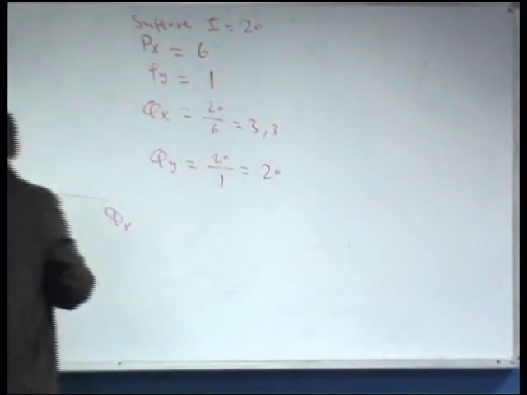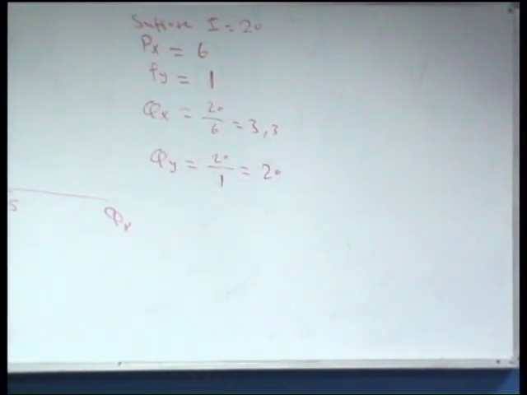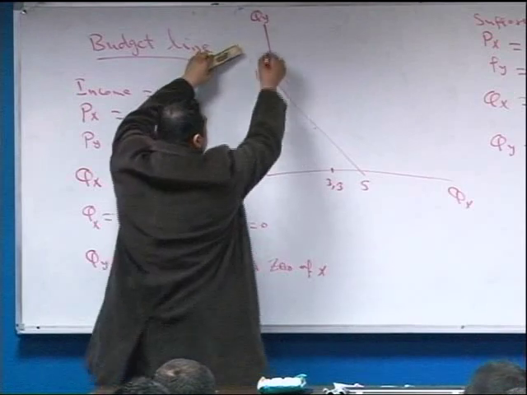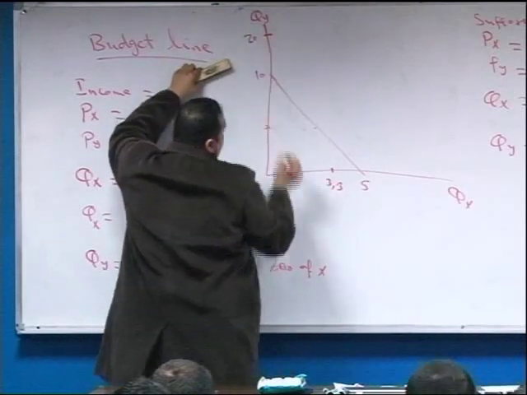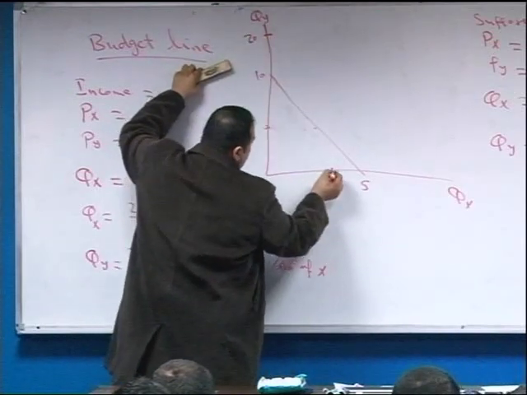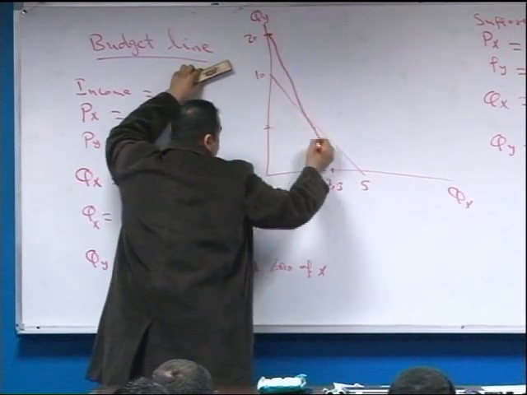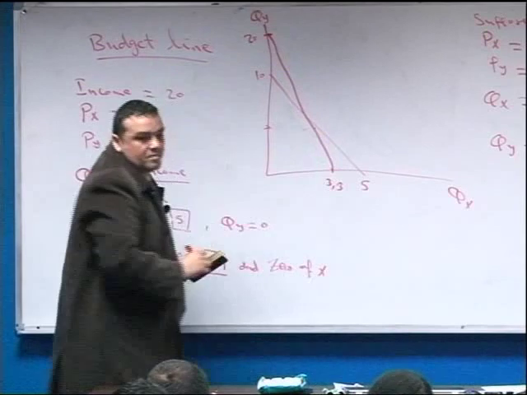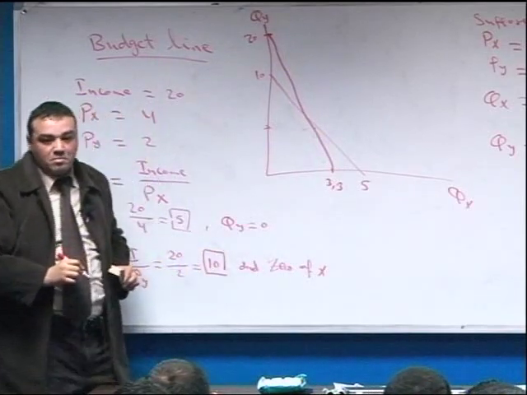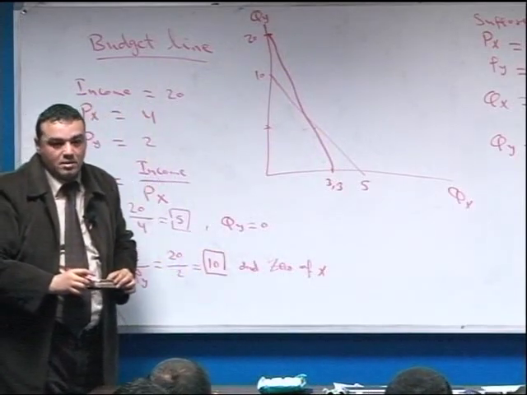Right? So the quantity of y would increase to 20, and the quantity of x declined to 3.3. So the budget line would be as follows. This is the new budget line, right? Okay.